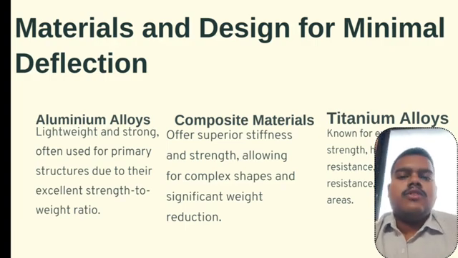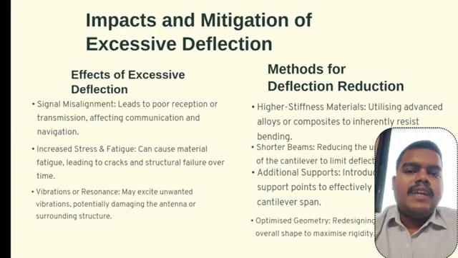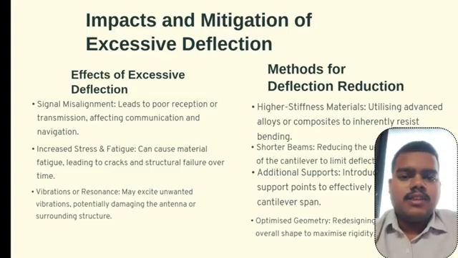Then let's talk about mitigation of this deflection. So what happens if deflection becomes excessive? First, the antenna may lose alignment, resulting in weak or lost signal. Second, repeated beam bending can introduce fatigue stress, which may eventually lead to cracks in the mount.